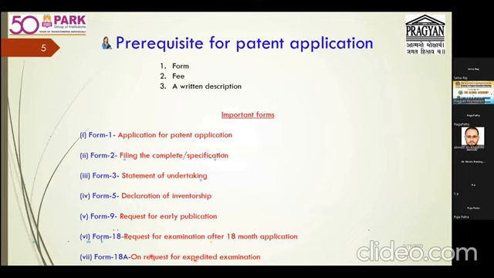When we go for form 18A, we can apply only through the internet. We can apply for the forms either offline or online, but form 18A can be applied for only online. So keep that in mind.